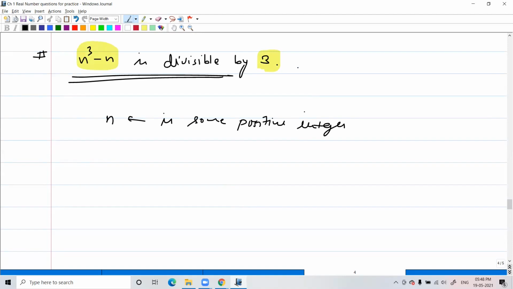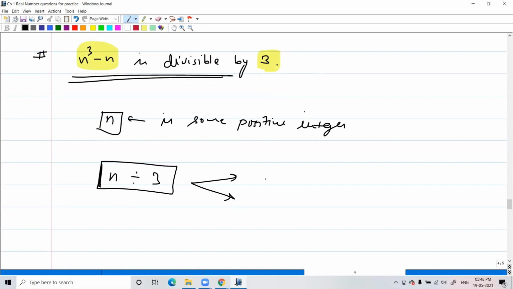But if I want to prove the divisibility by 3, we pick one special type of that representation. We take this number n and we divide it by 3. So if you divide any given number by 3, there are only 3 ways to represent it. You know Euclid's division lemma. So our a becomes n and b becomes 3.